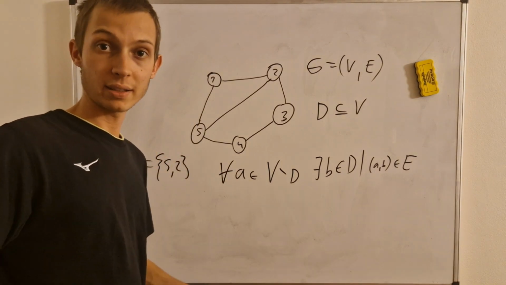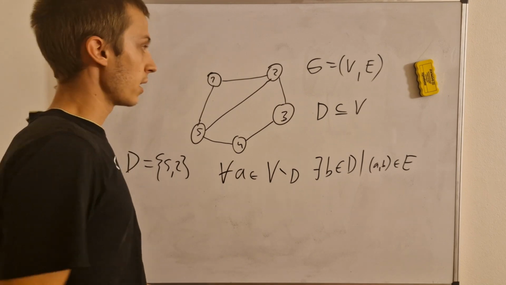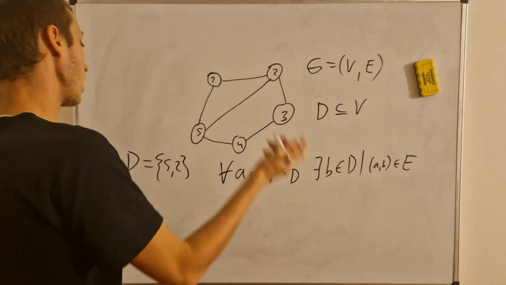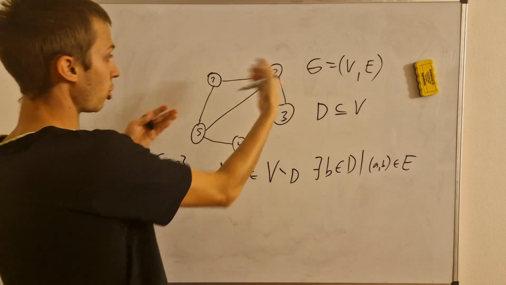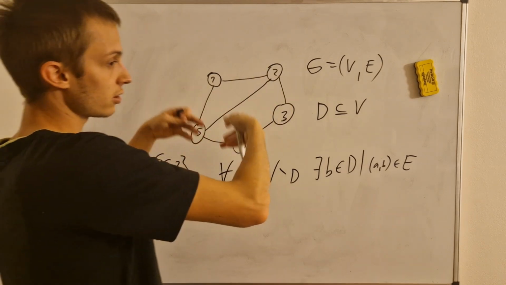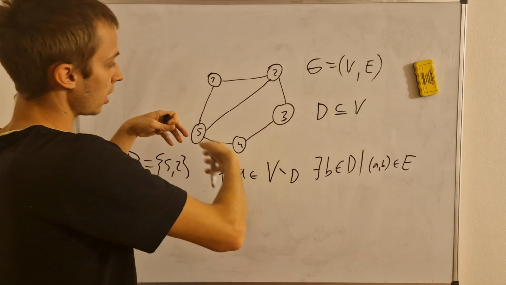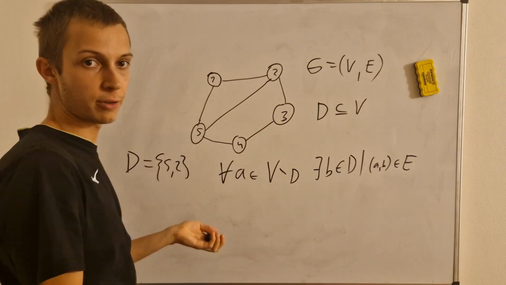So the dominating set for a graph is a subset of the vertices of the graph, such that these chosen vertices have edges connecting them to all the other vertices.